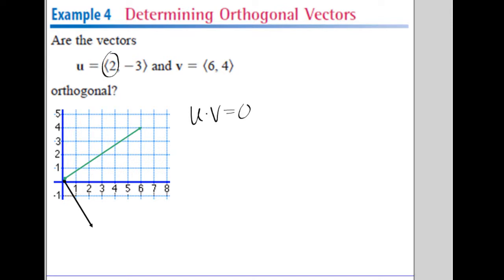So find the dot product. Multiply the horizontal components: 6 times 2 is 12, plus multiply the vertical components, negative 12, comes out to 0. Because the dot product is 0, we can say that u and v are orthogonal vectors.